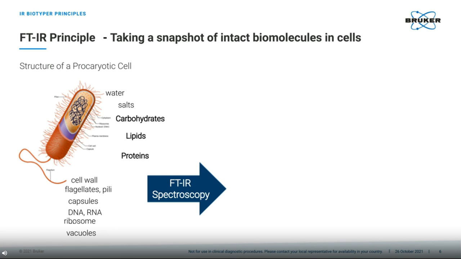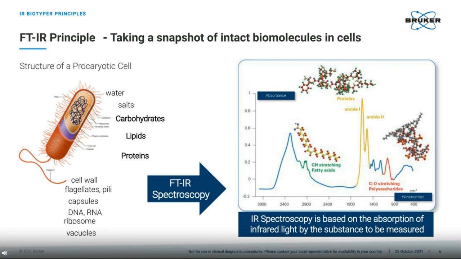And if we look at what FTIR spectroscopy is doing in terms of the absorbance, you see on the one scale the absorbance, on the other scale the wave number, and there are different regions in the spectrum where different biomolecules show some absorption. On the left-hand side, there's the so-called CH stretching for fatty acids.